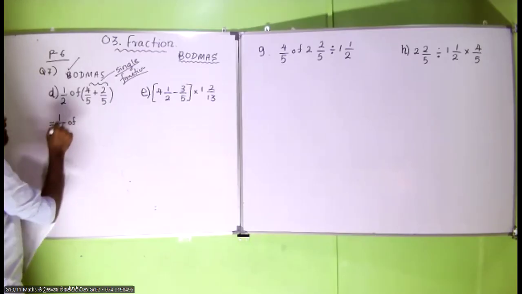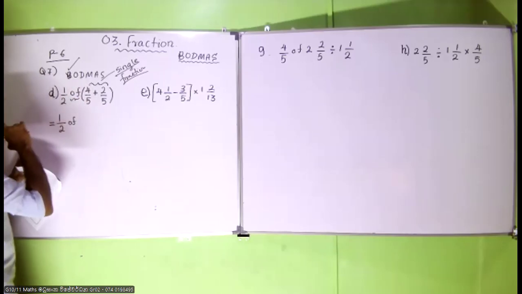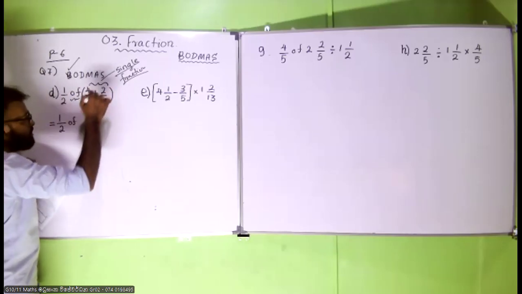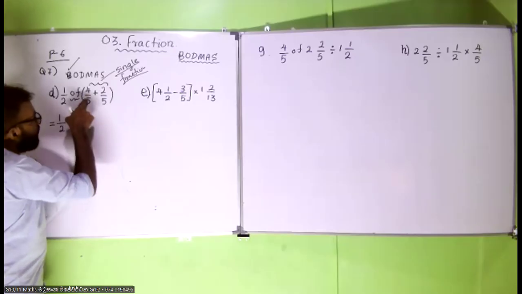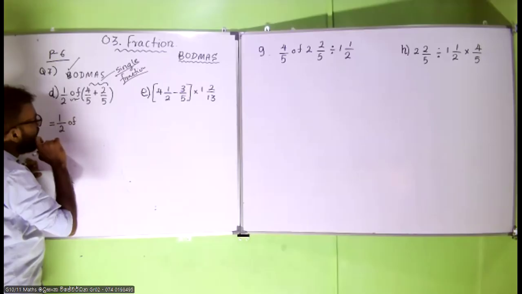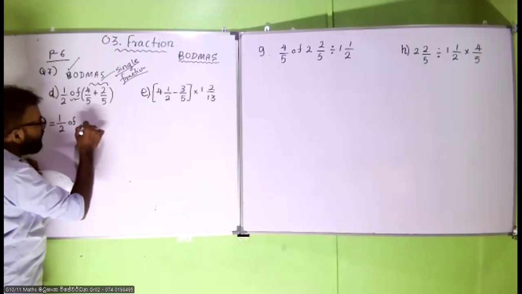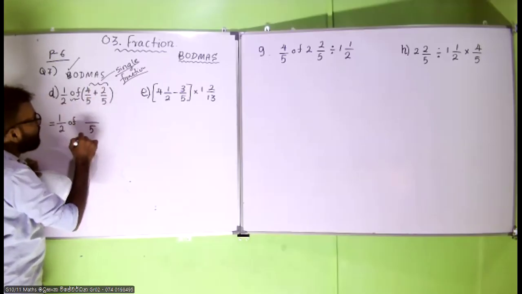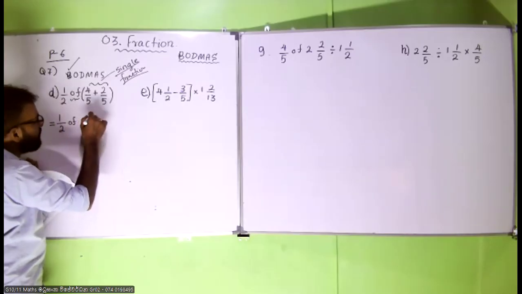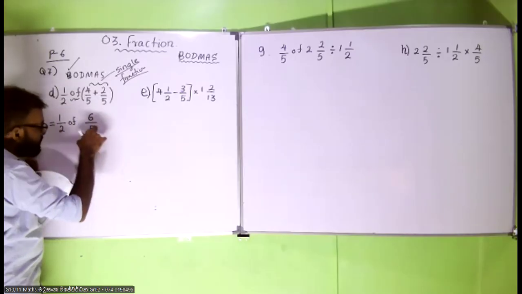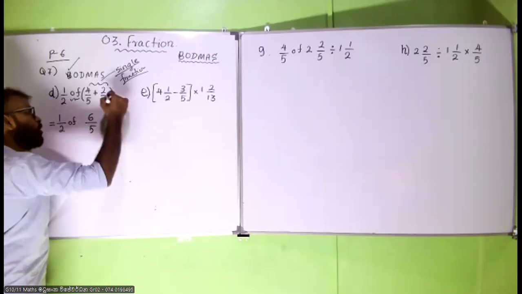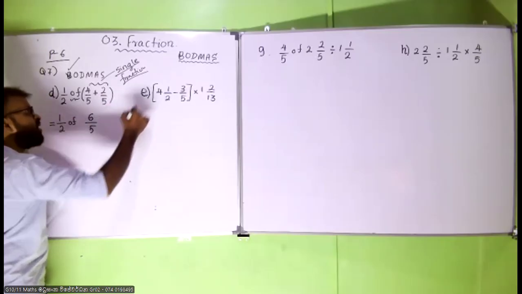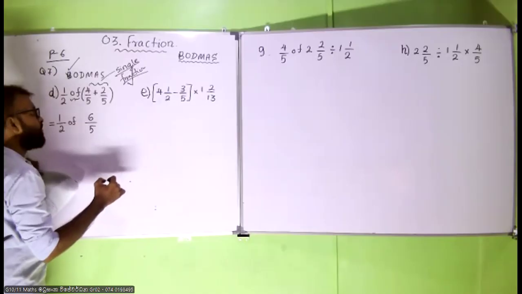I am not going to touch this of. I will focus on this one only. 4 plus 2. Denominators are equal. If you have equal denominators, just add the numerators. 4 plus 2, 6. Now this is a single fraction, so I am not going to use my bracket here because I already have a single fraction.